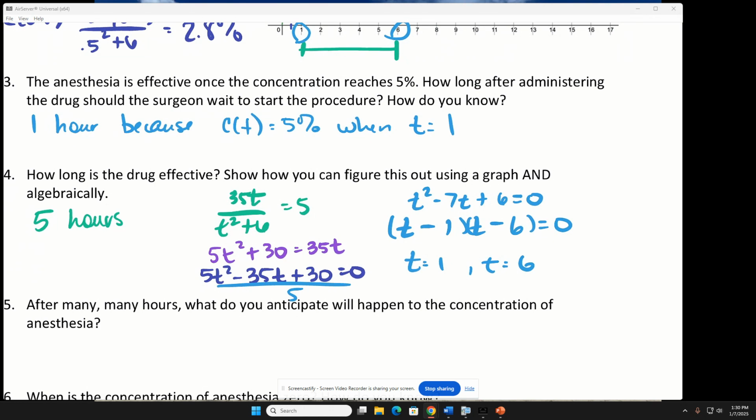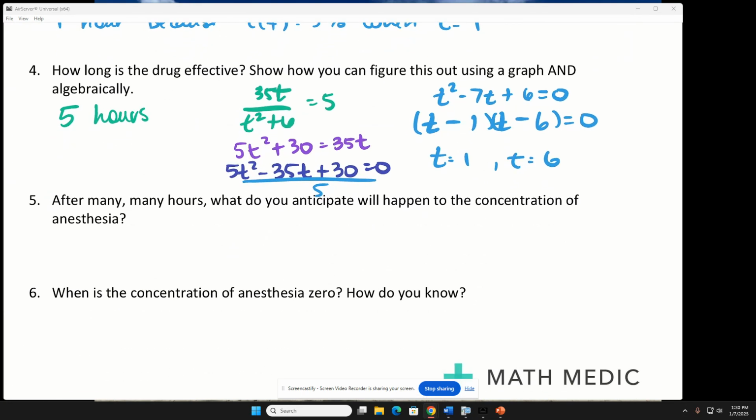Okay, and then after many, many hours, what do you anticipate will happen to the concentration of anesthesia? Eventually go to 0. Now, someone in my last class really scrolled on his calculator, he was in the thousands, and it never really got to 0.